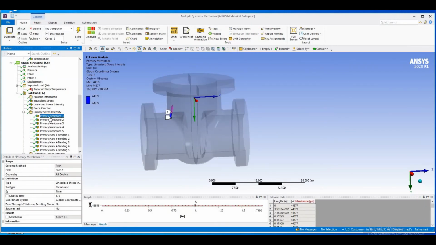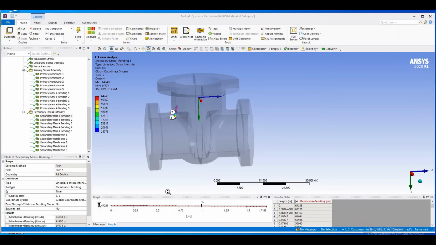For the primary stress intensity, we have first calculated the primary membrane stress along all 5 paths. The load step or the display time is set as 1 for primary stress intensity.